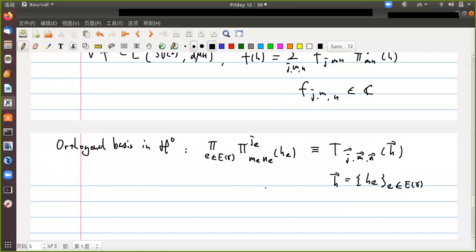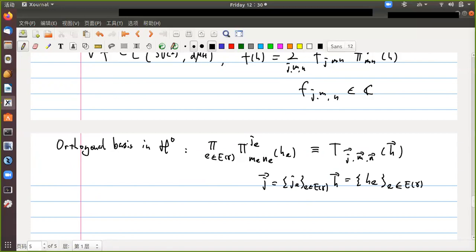Similarly, J means that J_e belongs to all edges. Okay, similarly for M and N.